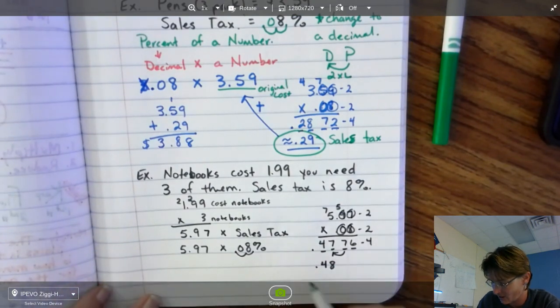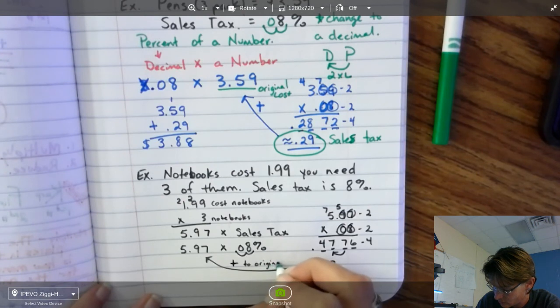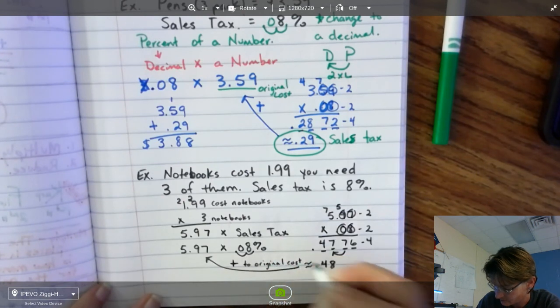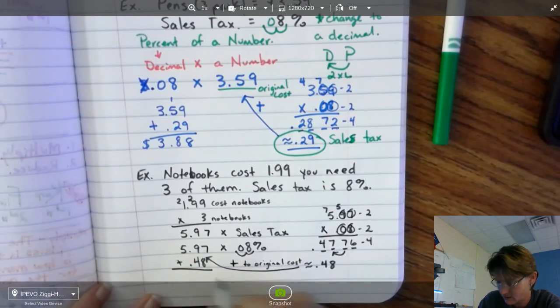That needs to be now added back to the original cost. So I'm going to come over here and put 48.